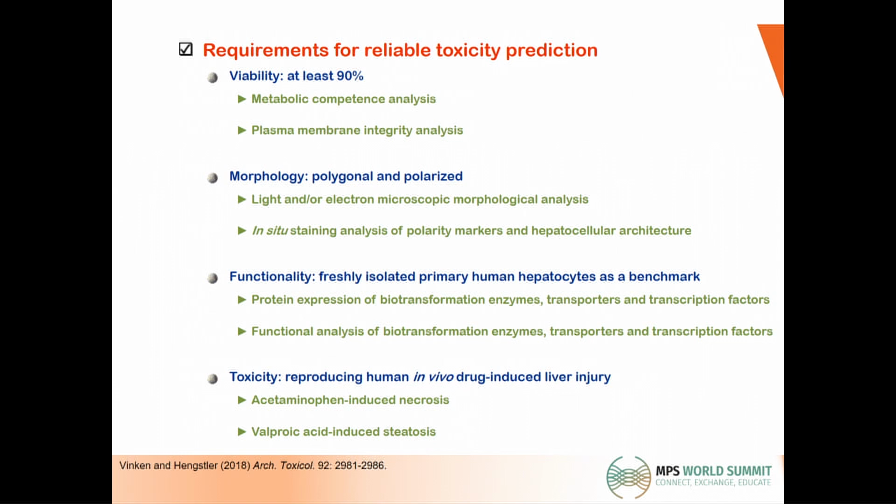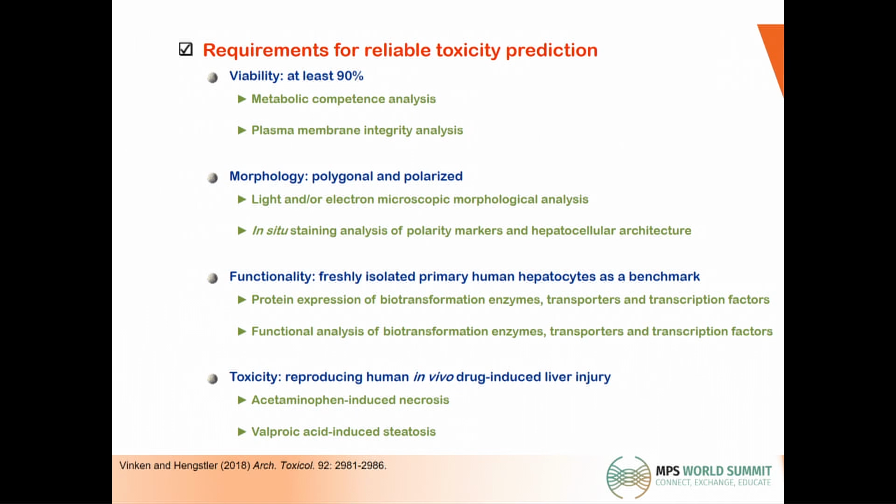Of course, we all know that HepG2 cells do not perform very well, and that's even an understatement. So it's not very difficult to have your liver MPS performing better than something that is already poorly performing. So ideally, of course, the benchmark here should be the in vivo situation, but what is equally good would be freshly isolated primary human hepatocytes.